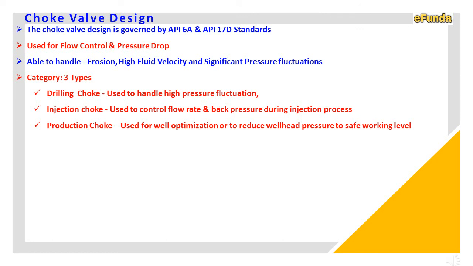There are three types. Drilling choke valve is used to handle high pressure fluctuation. Injection choke is used to control flow rate and back pressure during the injection process. Production choke is used for well optimization or to reduce wellhead pressure to a safe working level.